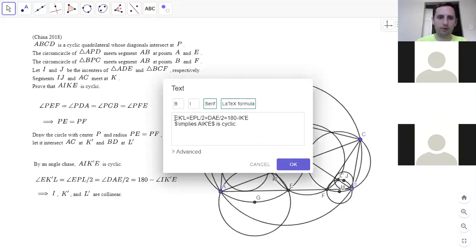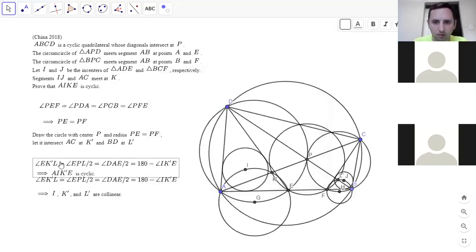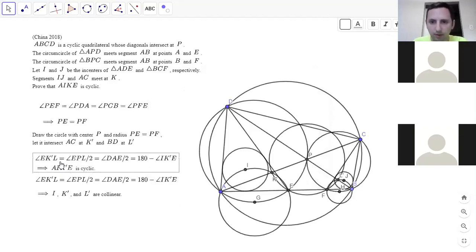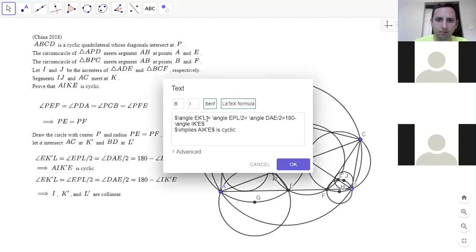Yeah, no, I agree. Once you know the angle, the phantom point trick, whoops. Okay, EK prime L, I'll just make all the L's L primes.